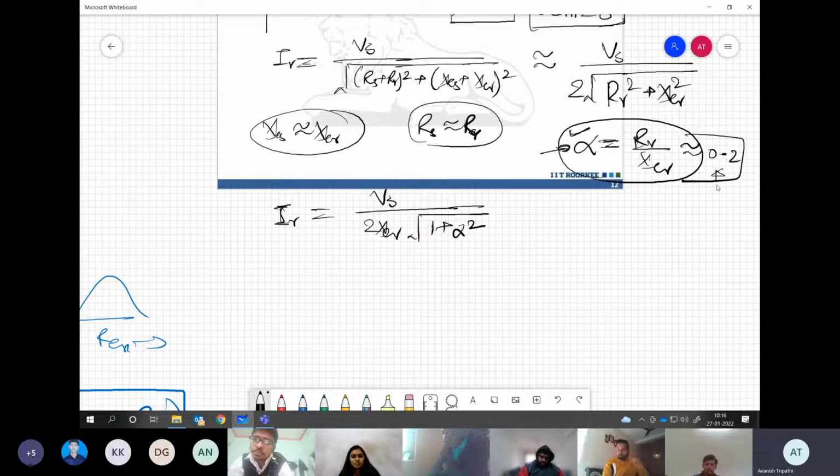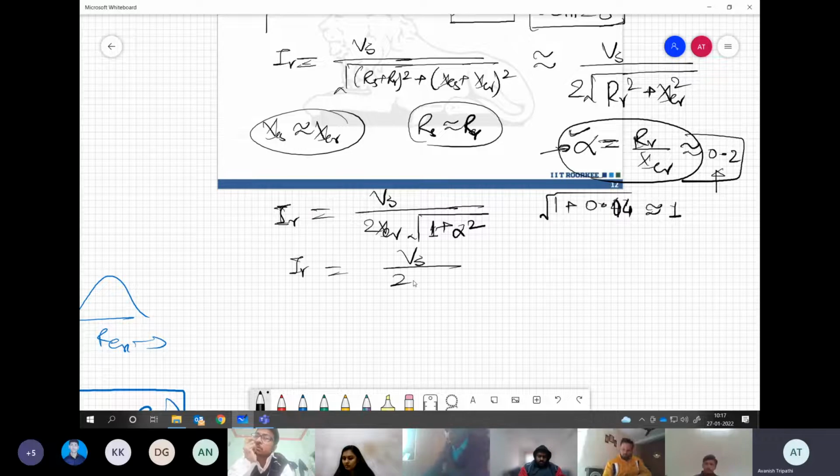Now alpha is 0.2, so alpha square will be something like 0.04, and adding to 1 and taking the square root will keep it very close to 1. So that's why this term will be approximated to 1 and the remaining terms will be this.